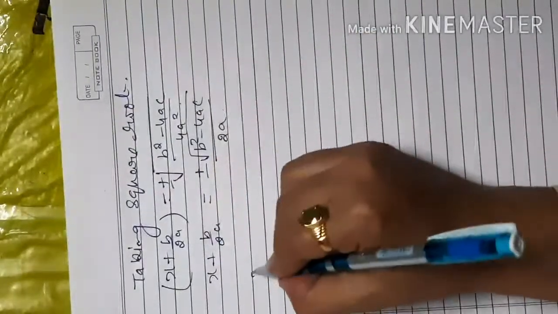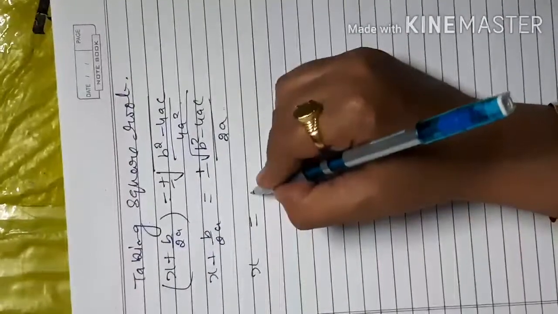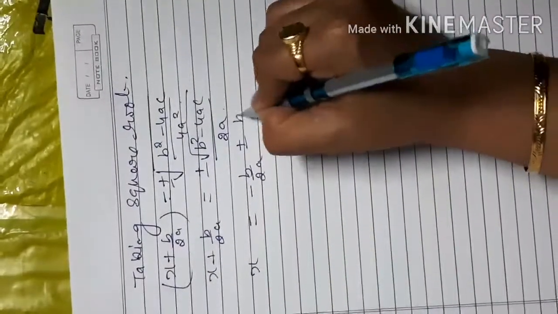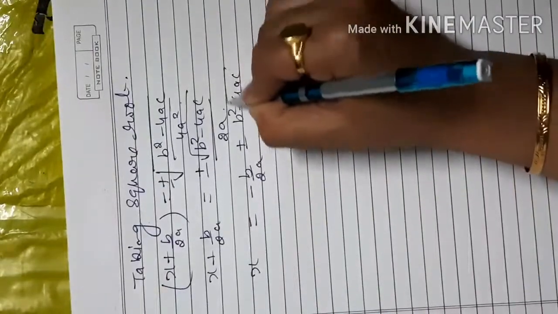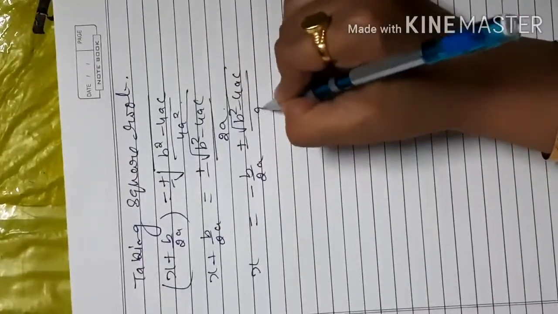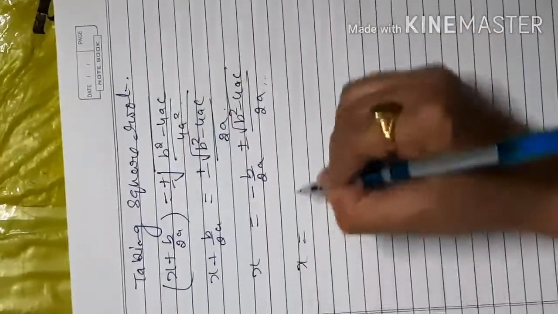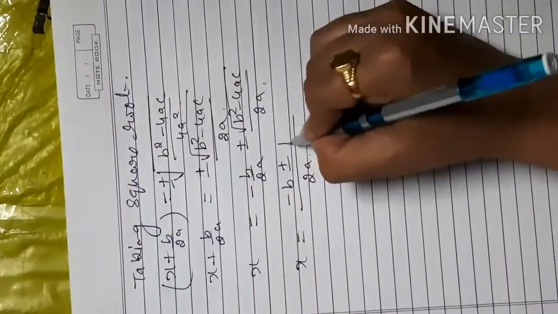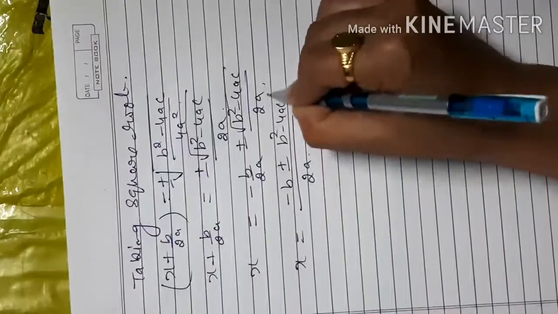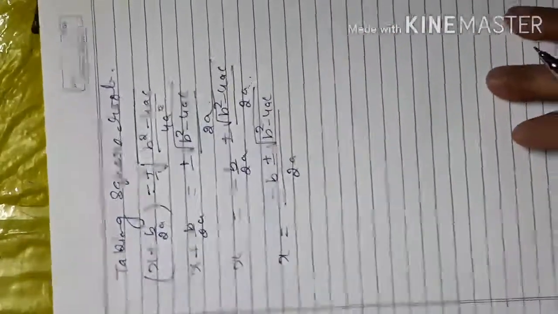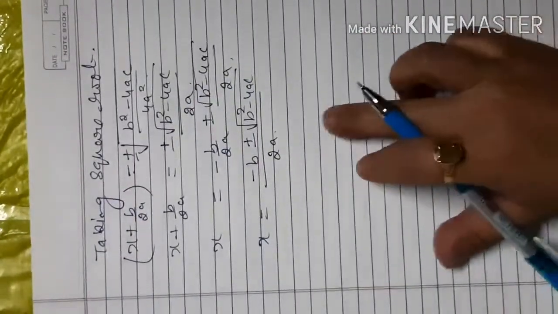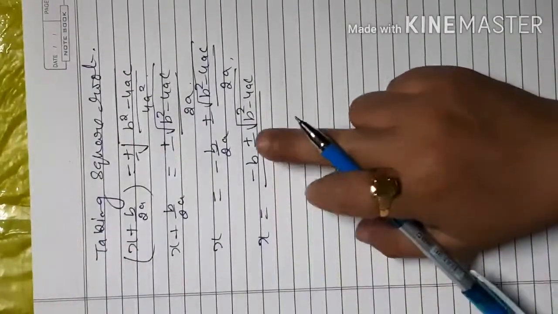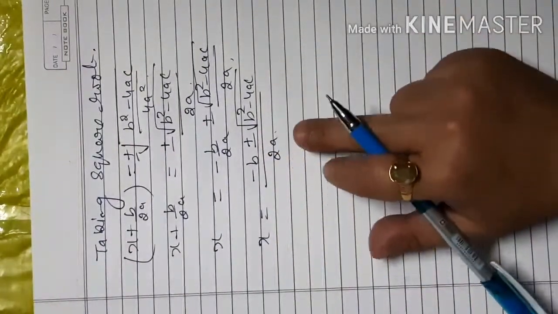Now when I shift this to the other side, x is equal to minus b by 2a plus minus the square root of b square minus 4ac by 2a. We take the LCM, then minus b plus minus the square root of b square minus 4ac, by 2a. So from this I found the root value of the general equation: minus b plus minus the square root of b square minus 4ac by 2a.